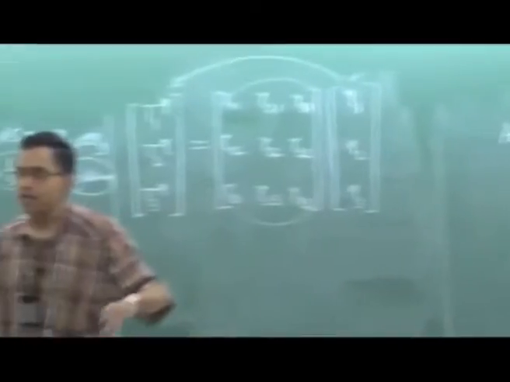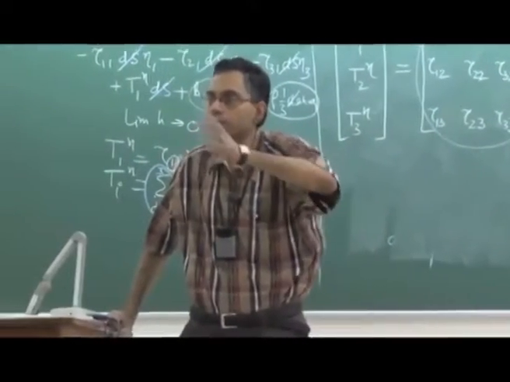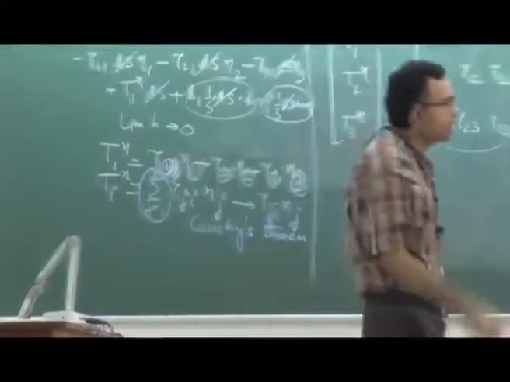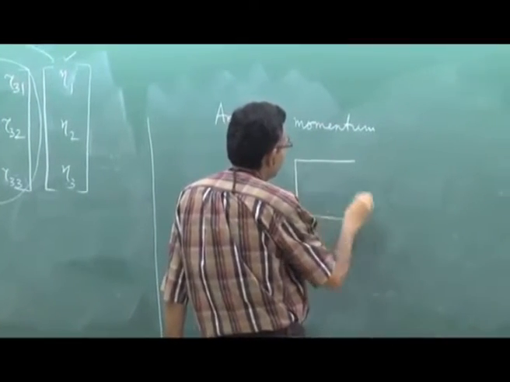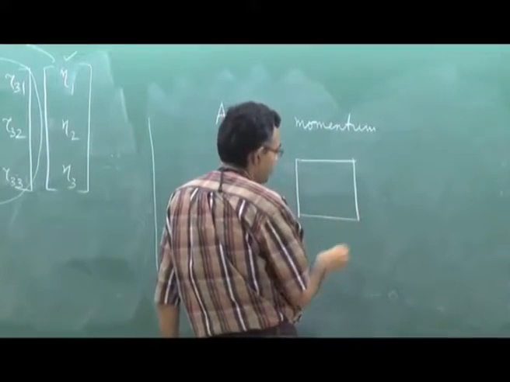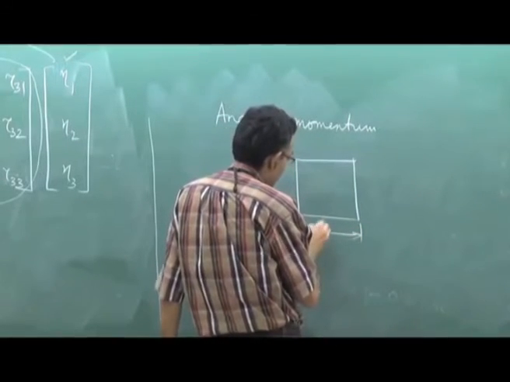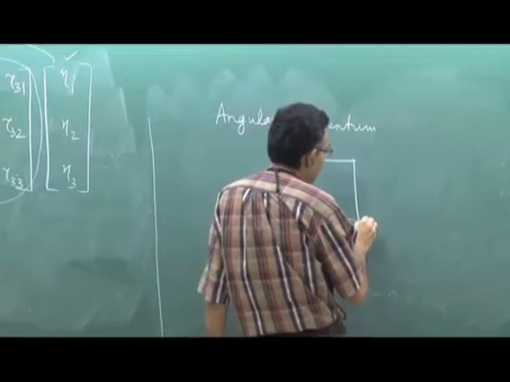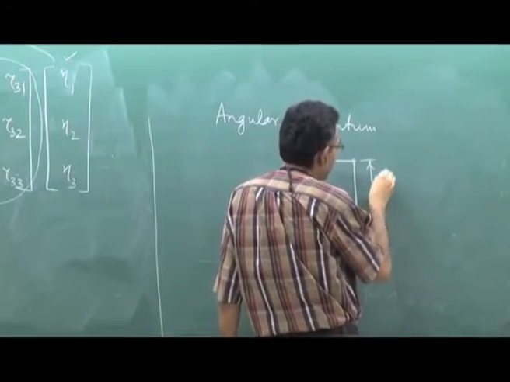Just like linear momentum relates to translation, angular momentum relates to rotation. So, we will consider a simple example of rotation in the xy plane, that is rotation with respect to the z axis. Let us say that delta x1 is the dimension along x1 and delta x2 is the dimension along x2 of a fluid element.